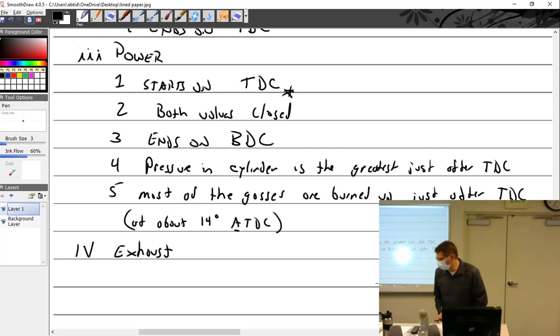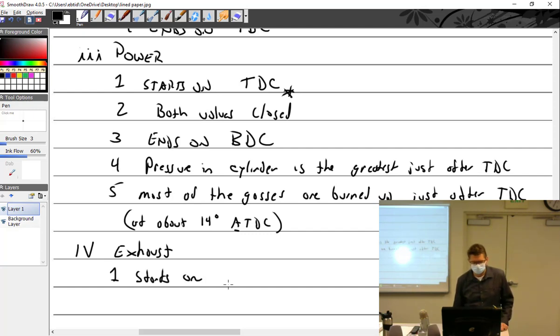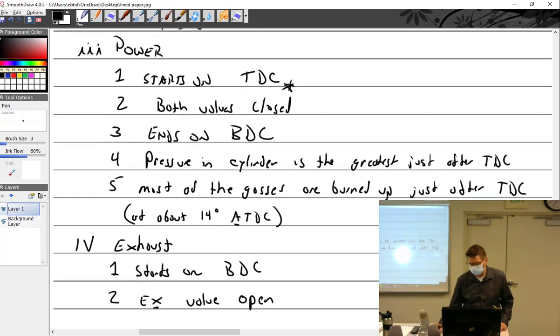So exhaust starts on bottom dead center. Very good. Exhaust, which I just abbreviate EX, means the exhaust valve is open, and it ends on top dead center.